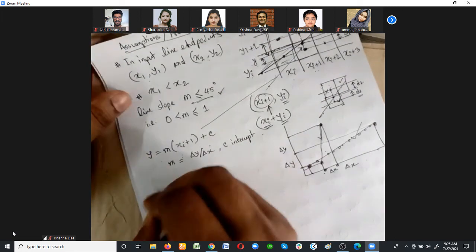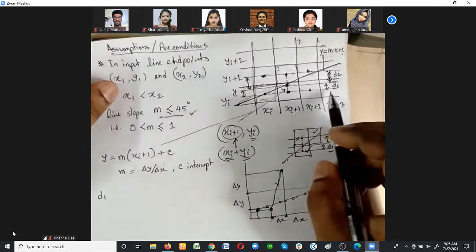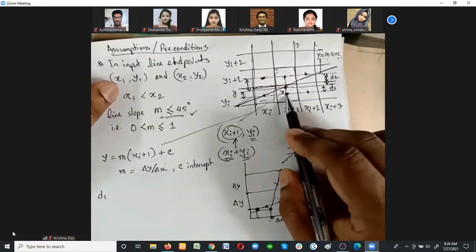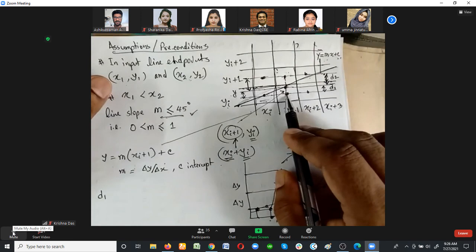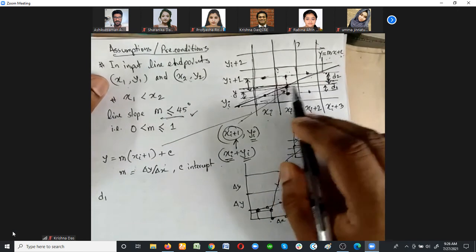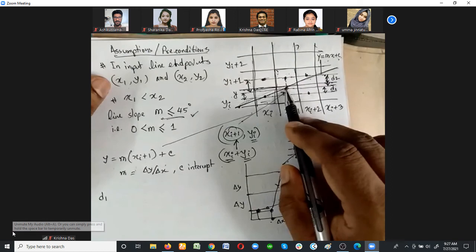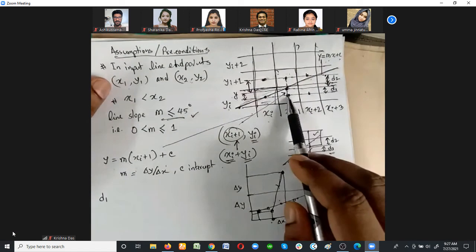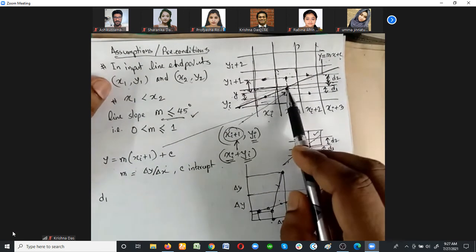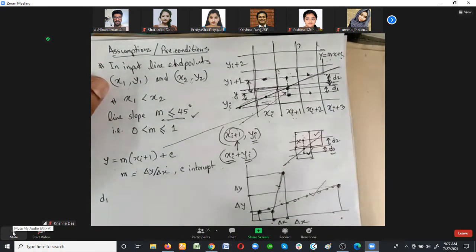If we consider d1, this point indicates yi, and this one is y. This is yi, this is y, and this is yi plus 1. These 3 points.